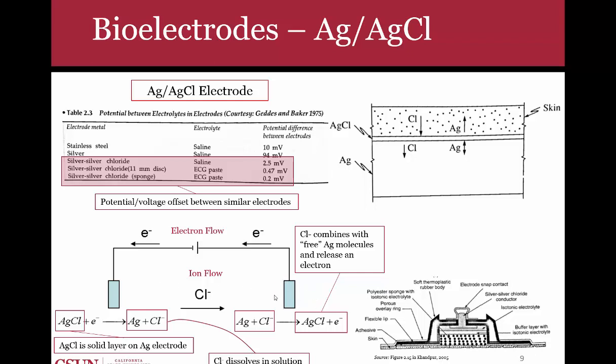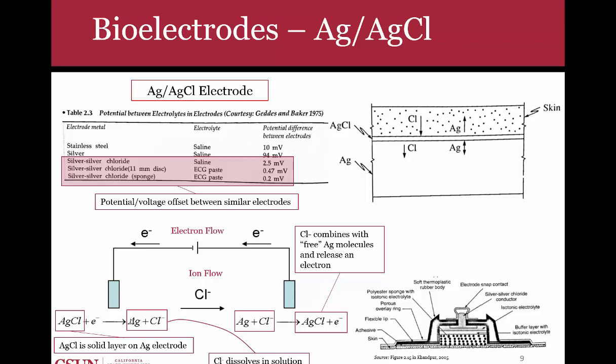So if you have silver on this side, let's say somehow you knock off an electron from that silver and it is allowed to flow in a closed loop back to the other electrode. As that electron zips by, because you're applying a potential difference, that electron then combines with the silver chloride on this electrode here. When silver chloride, AgCl, combines with the electron, it's going to essentially separate the chlorine and the silver.